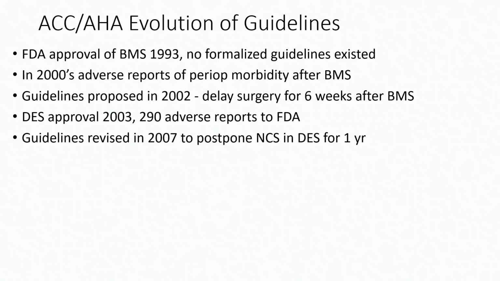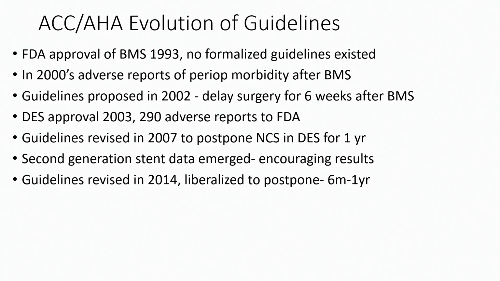Then drug-eluting stents were approved in 2003, and over the next several years, about 290 pretty adverse cases were reported from the perioperative arena to the FDA. There was actually an emergency meeting in 2007, and then the guidelines were promptly revised, and they recommended postponing non-cardiac surgery in patients with drug-eluting stents for 1 year after stent placement. Then the second generation data emerged, and we talked about how the stent technology has evolved, and the results were encouraging. They got safer.